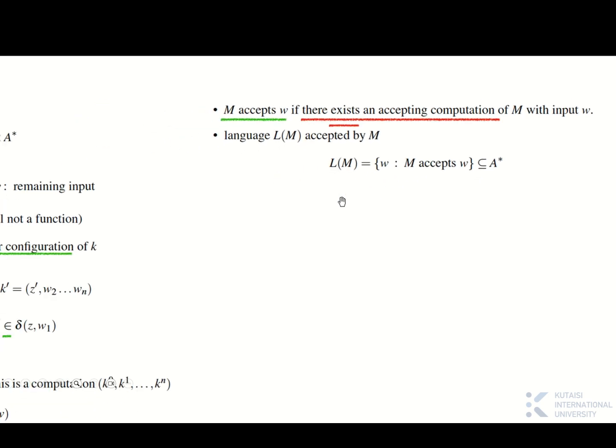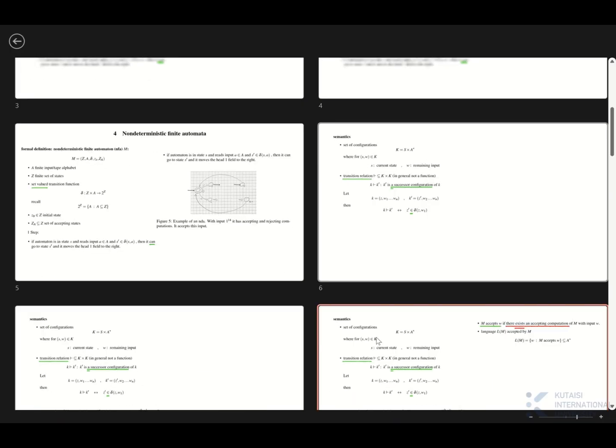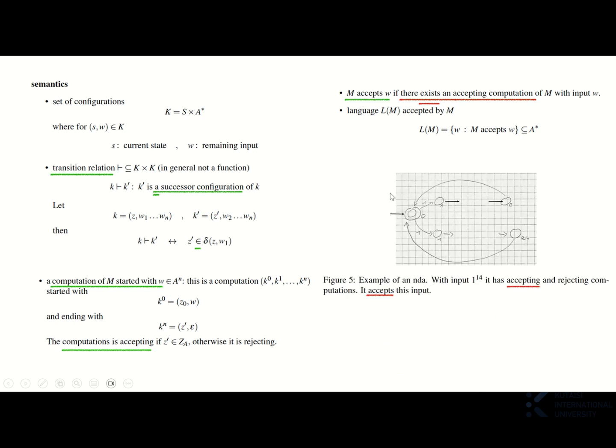So this is just what we said before. As we said, this, for example, accepts 1 to the power 14, but it rejects 1 to the power 5. Why? Because there's no way I can go 5 steps and get accepted. Maybe even 11. Is 1 to the power 11 accepted?